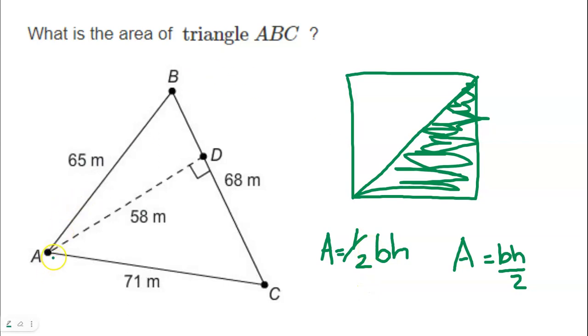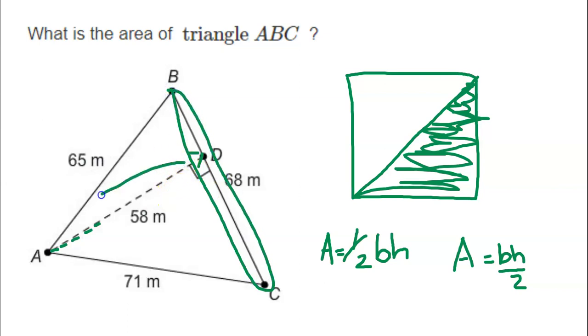Okay, now something super important. See this dotted line right here that we would call the altitude or the height? That's going to point to our base. Therefore, when they're asking for the area of this triangle and they gave you this as the height, you have to use this as the base.